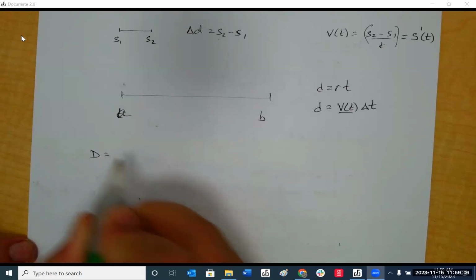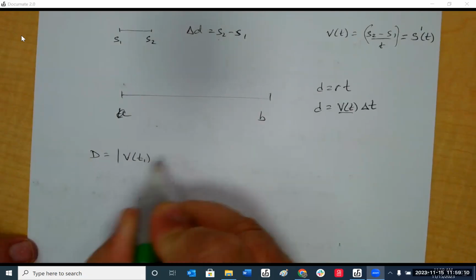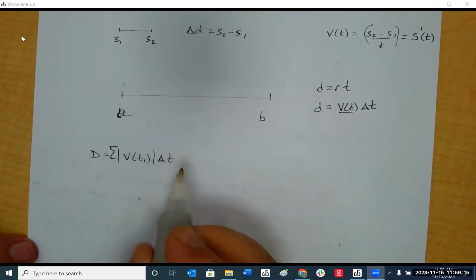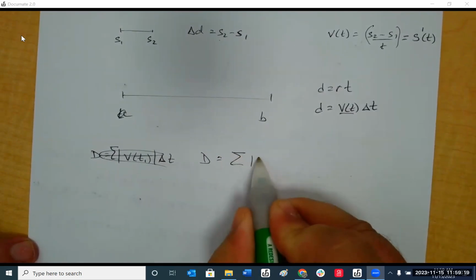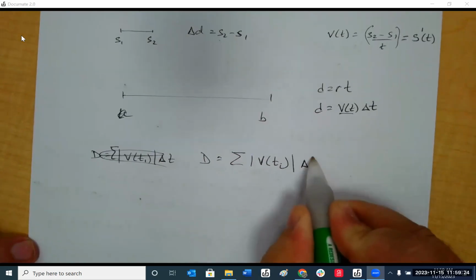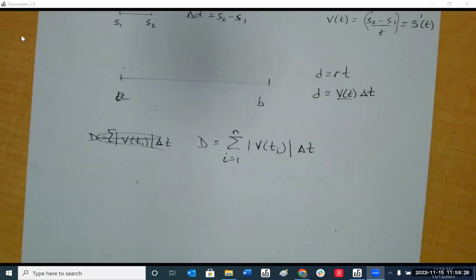So our displacement is going to be this formula that I actually put earlier, right? Summation of the absolute value of the velocity of t i, that's what it's going to be. And we have example 2 in a second.